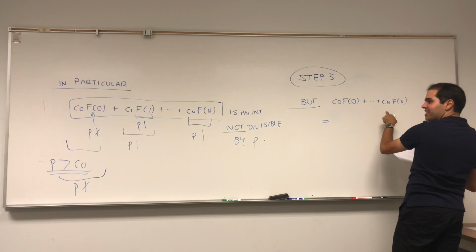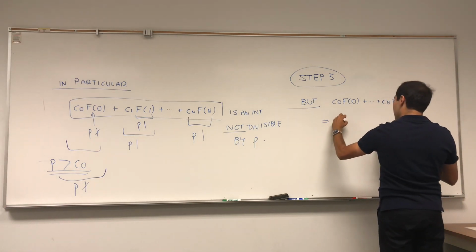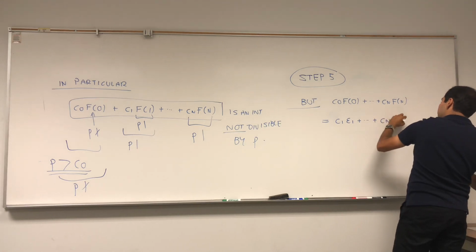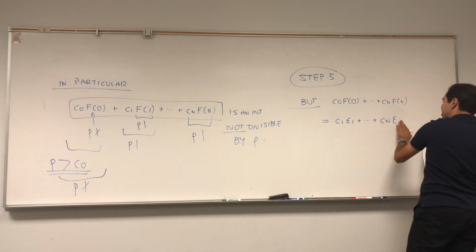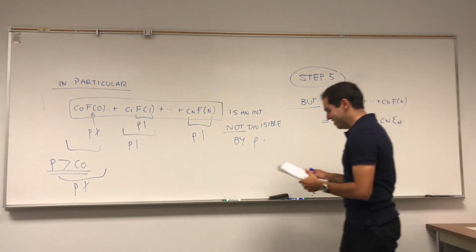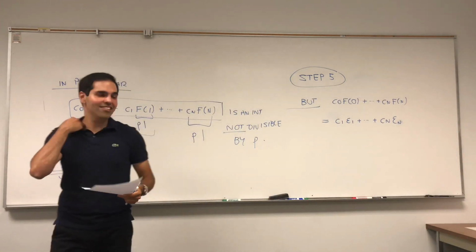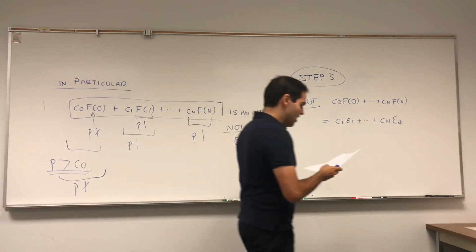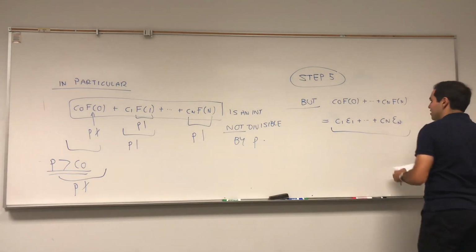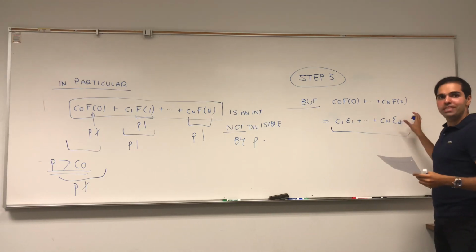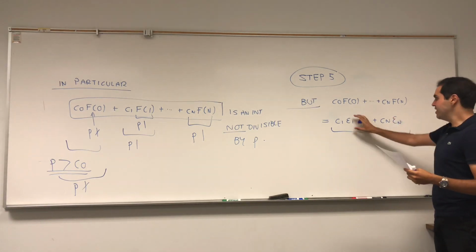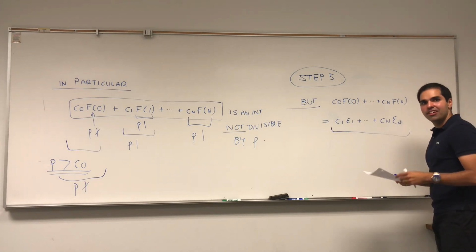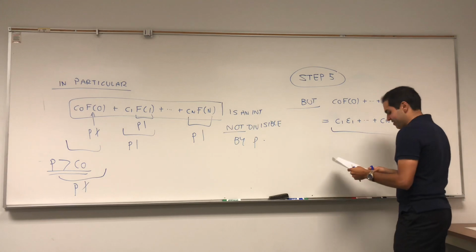On the one hand, it's not divisible by p, but remember, this also equals this weird linear combination of the epsilons that we got from the mean value theorem. And here's the thing: we will show that if we choose p very large, this will not be an integer anymore. And so in particular, p cannot divide this.